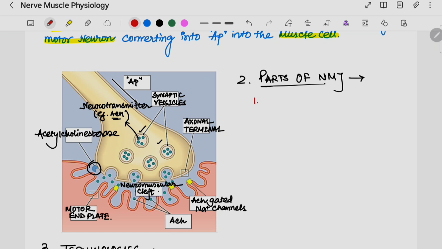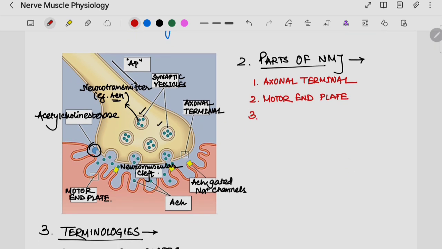So the important parts of the neuromuscular junction are: first one is the axonal terminal, second one is the motor end plate, third one is the neuromuscular cleft, right?